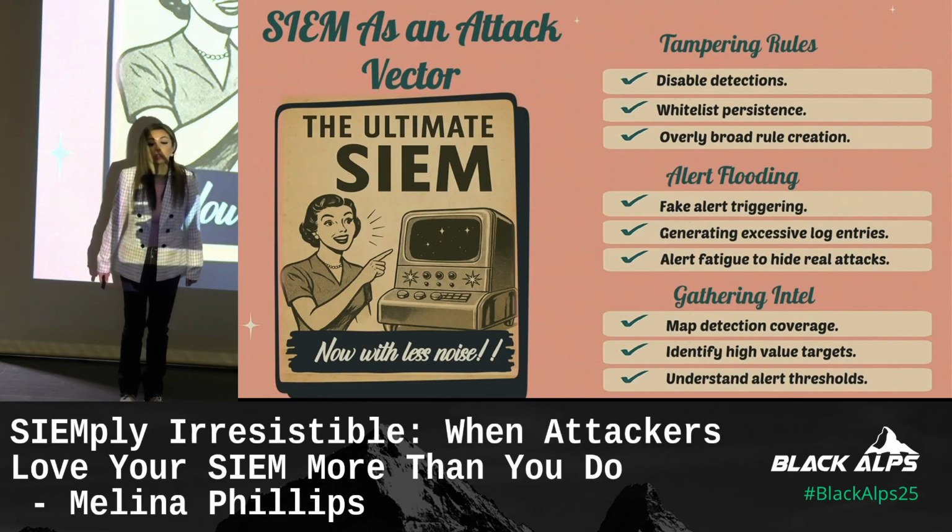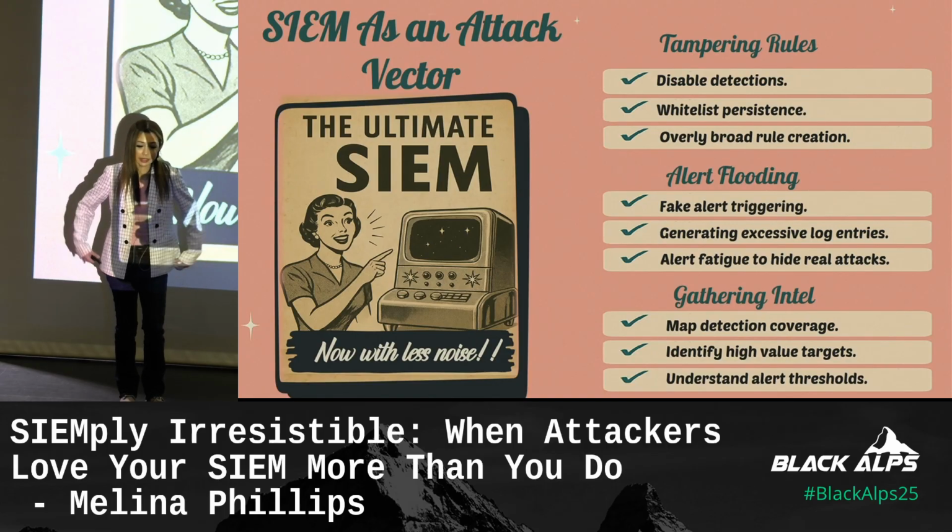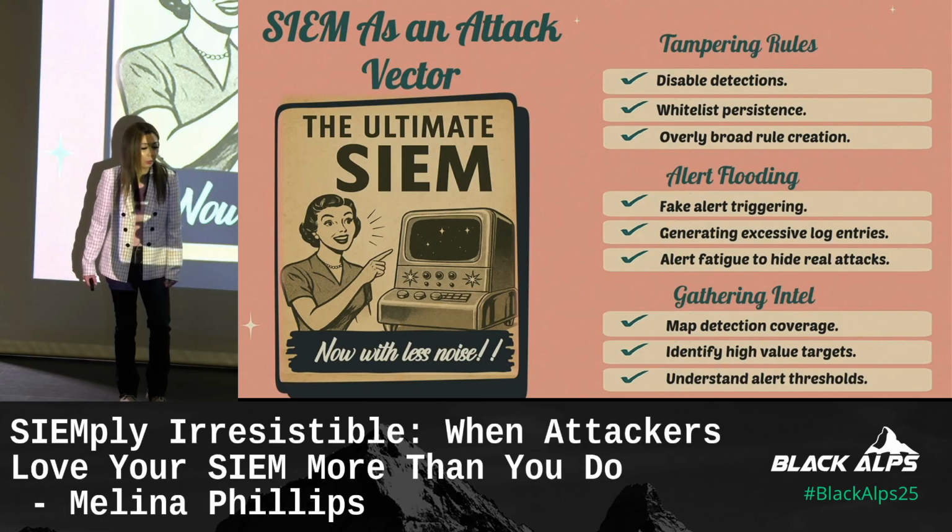Then understanding thresholds. Thinking, for example, Windows event log 4625. That's an account failed to log on. I really hope that's what it is, because it's been a hot minute since I messed with Windows event logs.